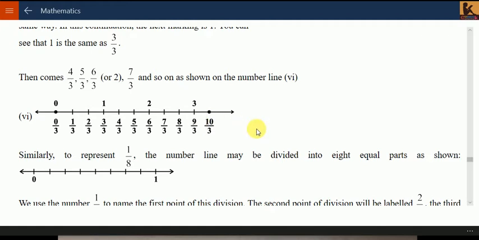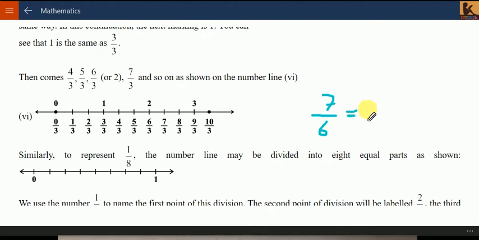Like if it is asked you to show 7 by 6 on number line, what you simply need to do is convert this into mixed fraction.